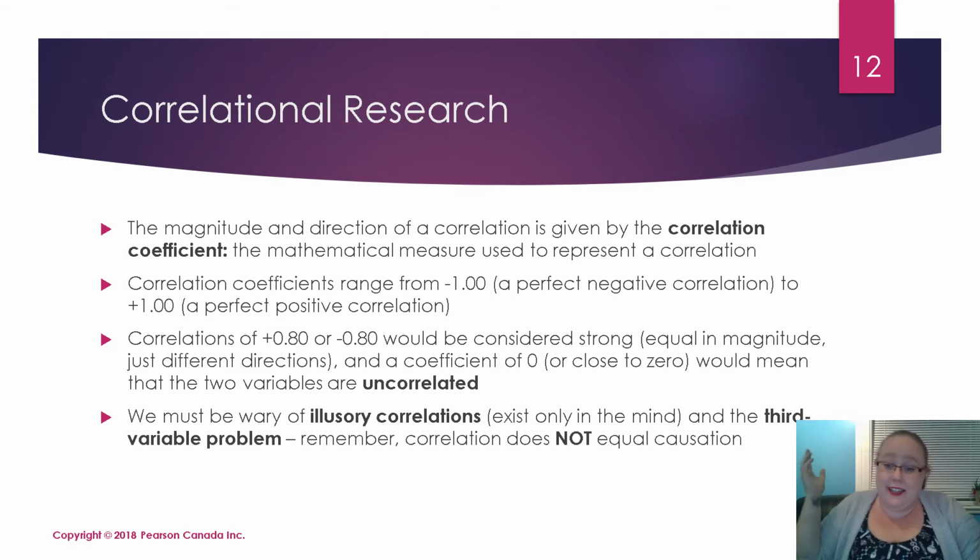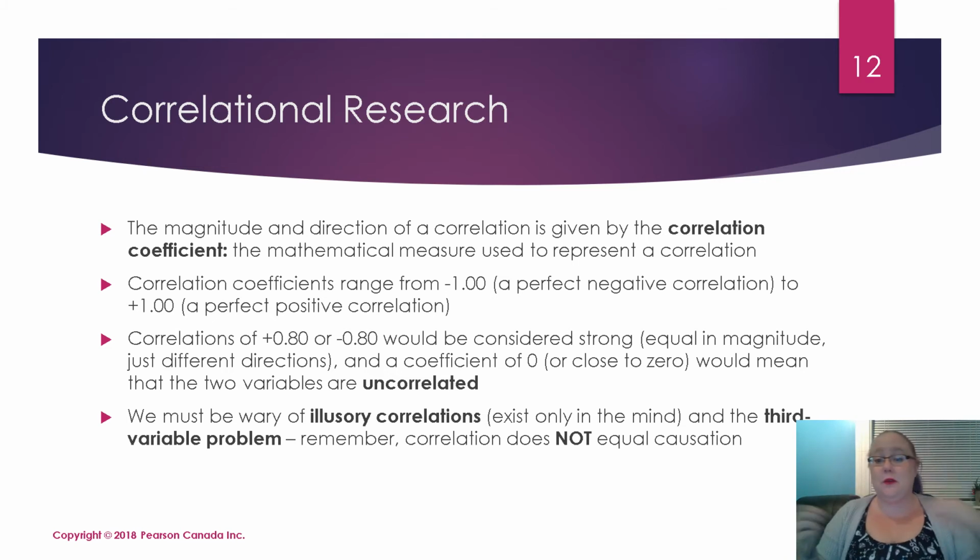It's a pretty simple conclusion that people would probably come to. But in fact, if that person suffers from depression, it's likely that the depression is causing both the lack of sleep and the inability to concentrate. So it doesn't necessarily mean that one causes the other just because they're related to each other. It could be that third variable, in this case depression, that's actually causing both of them.